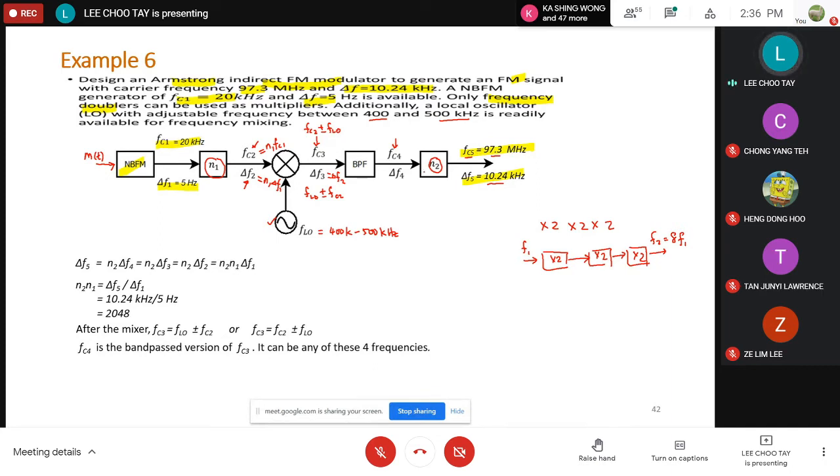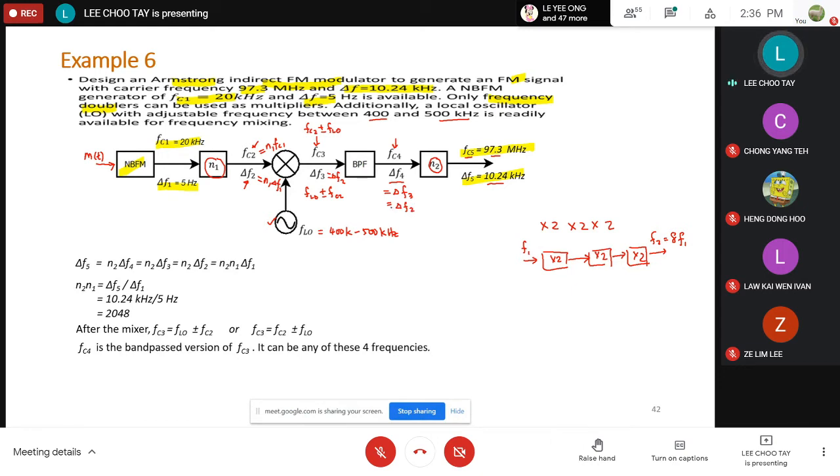And same thing, delta F4 is the same as delta F3, isn't it? Because a bandpass filter will not change the frequency deviation of your signal. So delta F4 is the same as delta F3, which is the same as delta F2.